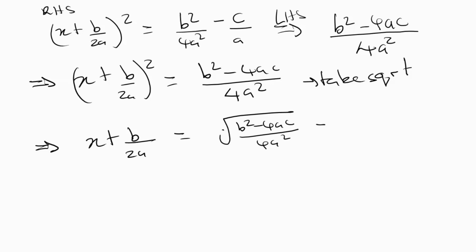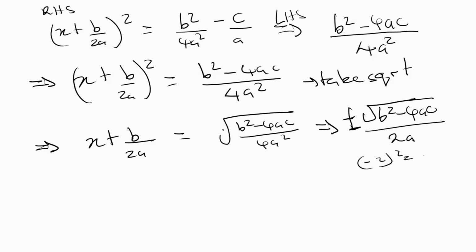We can simplify this a little bit further, which becomes the square root of b squared minus 4ac. The square root of 4 is 2, the square root of a squared is a, so it's 2a. But we know that the result of the square root of any number is going to be plus or minus, right? So we know that negative 2 squared is equal to 2 squared is equal to 4. That's where that's coming from.